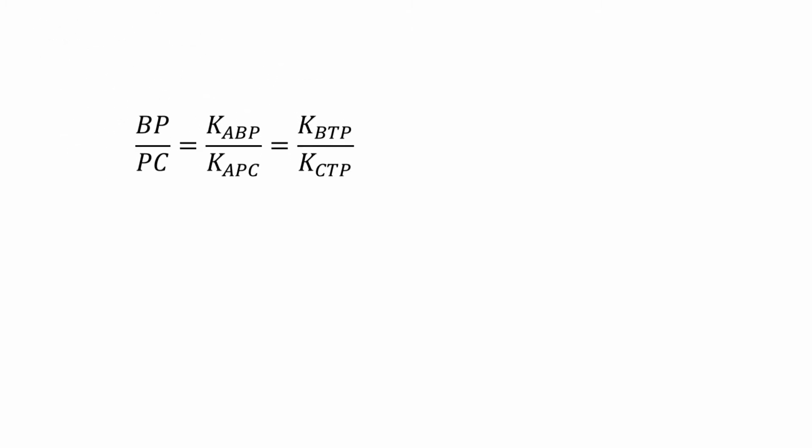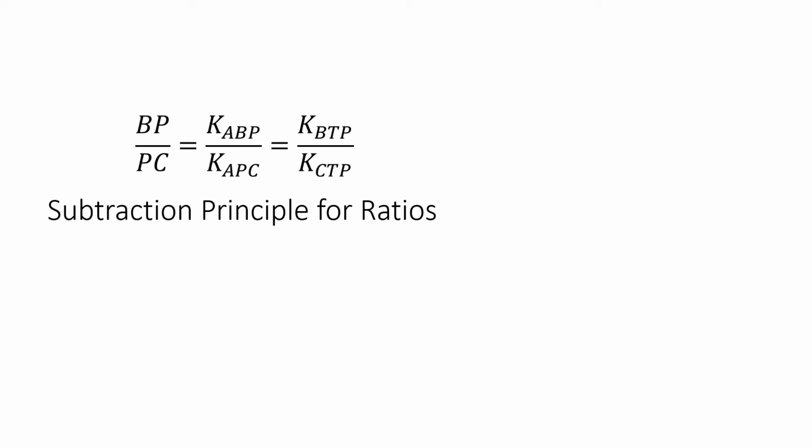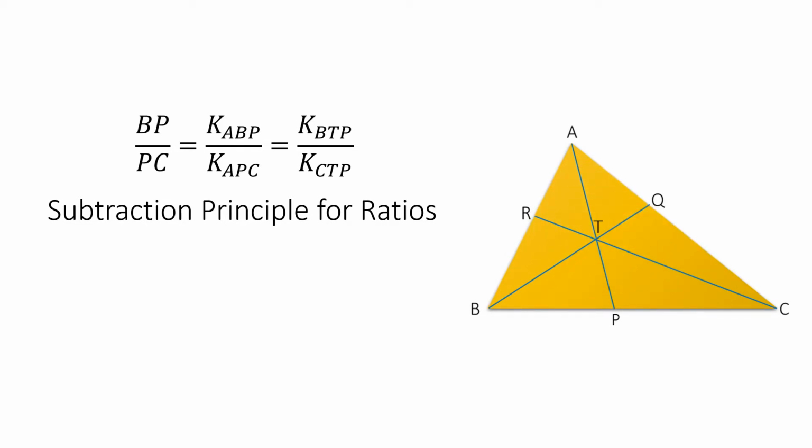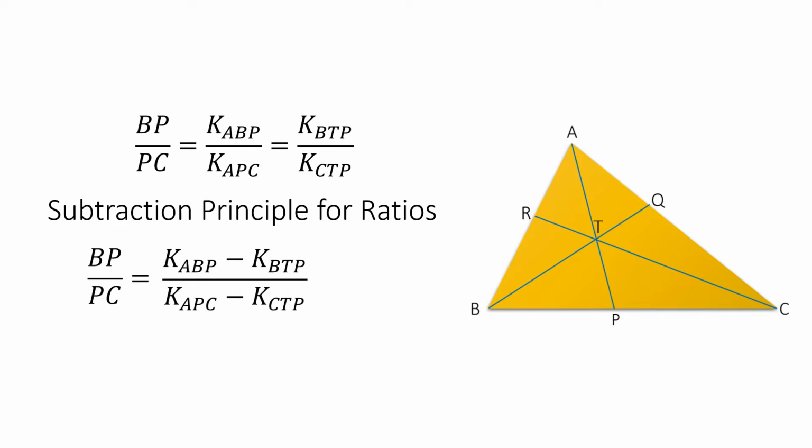With this equation, using the subtraction principle for ratios that we discussed earlier, BP over PC is equal to the area of ABP minus area of BTP over area of APC minus area of CTP, which is equal to the area of ABT over area of CAT.